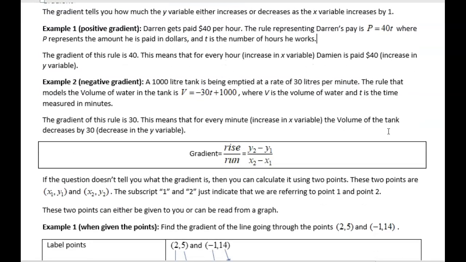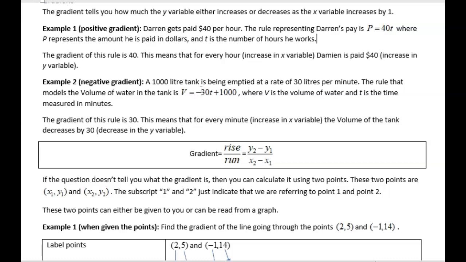Now, the second example, a 1,000 litre tank is being emptied at a rate of 30 litres per minute. Okay, so first of all, if something is being emptied, it's going down. So we're starting at 1,000 and it's going down 30 litres per minute. That means if it's going down, your gradient is going to be negative. So the rule that models the volume of water in the tank is V equals negative 30t plus 1,000.